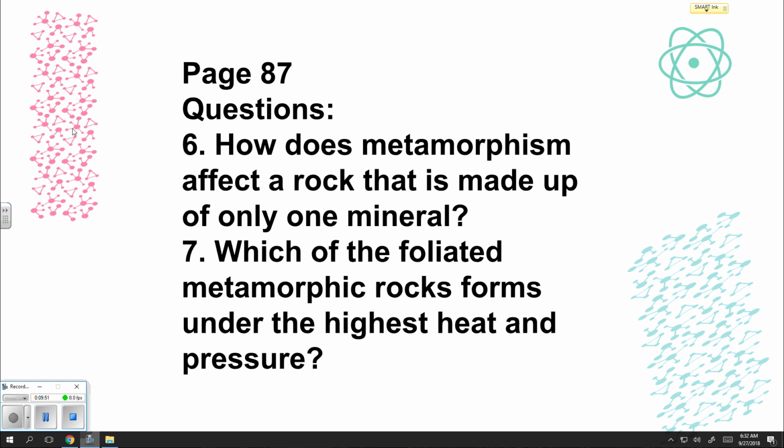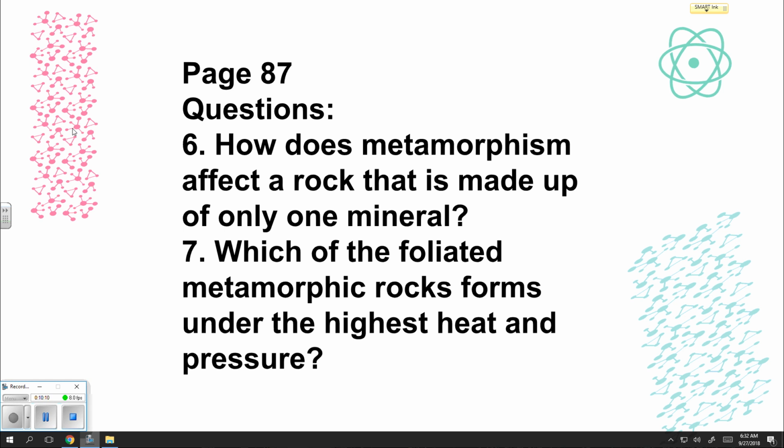Highlight: metamorphic rocks that do not show foliation are called non-foliated metamorphic rocks. Most non-foliated metamorphic rocks form from rocks that were made mainly of one mineral.